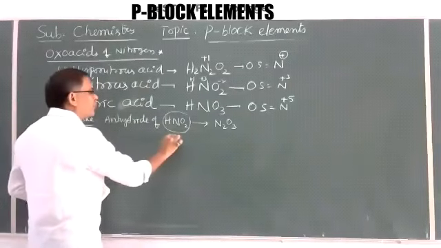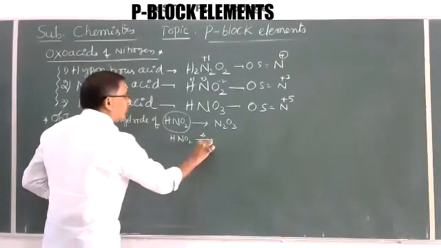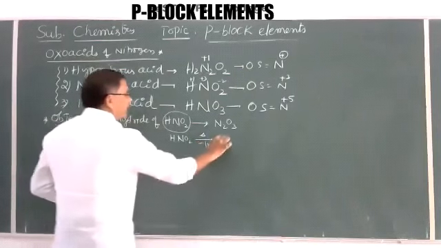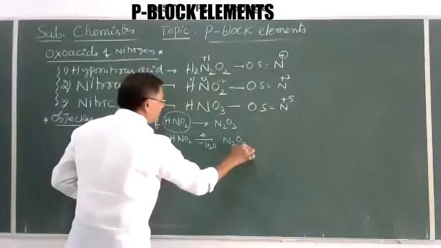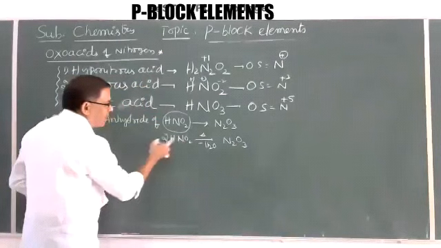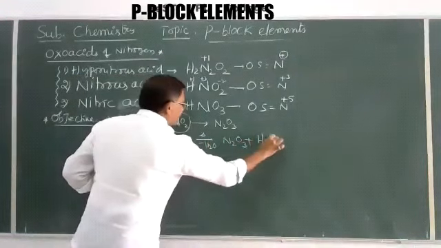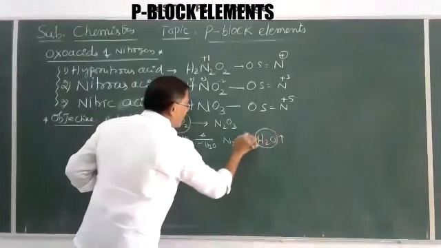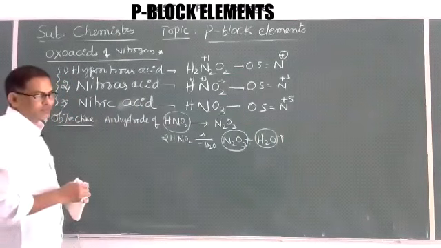Here HNO2, on heating, liberates a water molecule, giving N2O3. Here 2 moles are required. From here nitrogen and oxygen, it gives N2O3 plus water, which evaporates. We'll get the oxide, that is nitrogen trioxide.